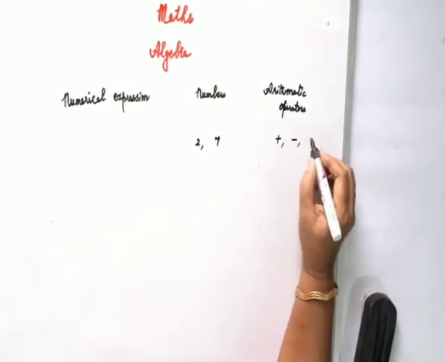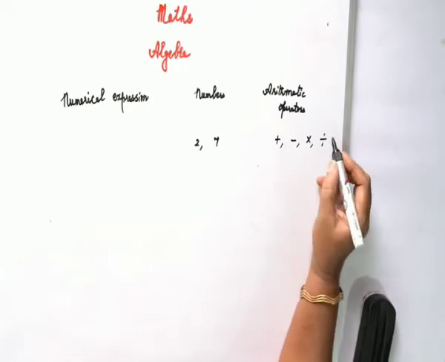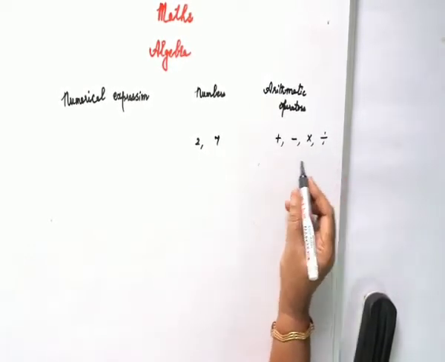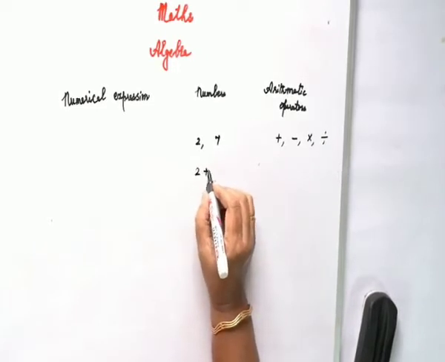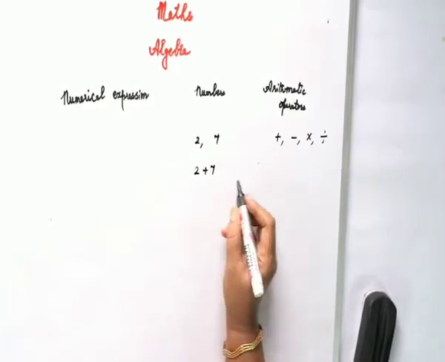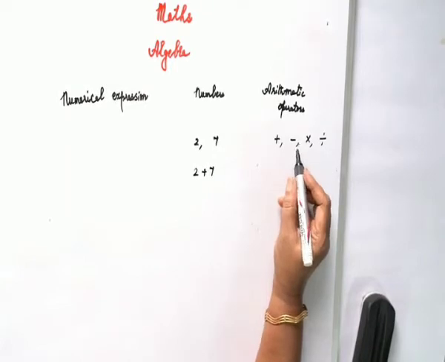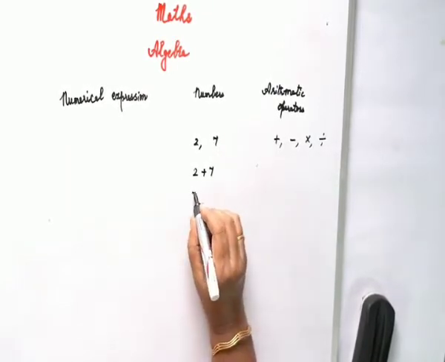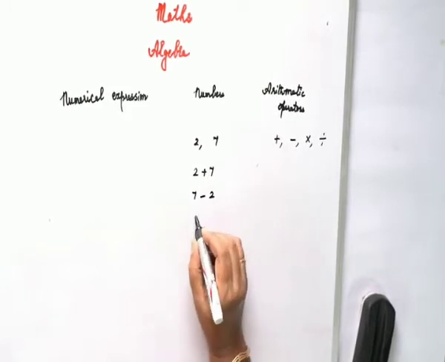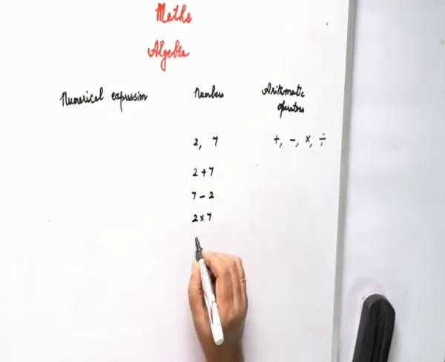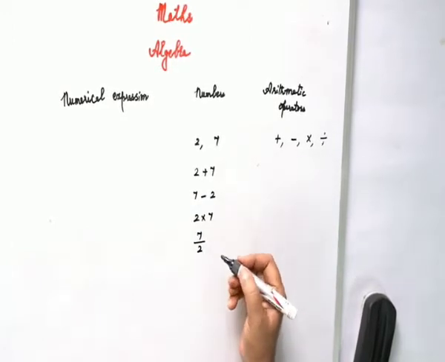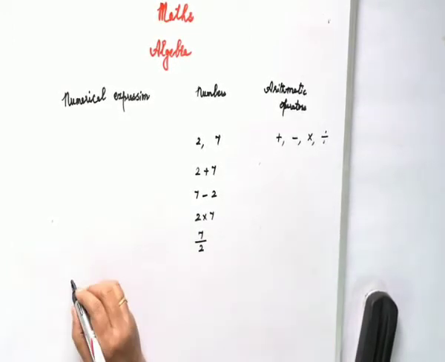Plus, minus, into, divide. Now we are going to combine these two numbers using the 4 signs. So 2 plus 7. When you are using minus sign, we have to use greater number first. So 7 minus 2. 2 into 7. 7 divided by 2. So these are the examples of numerical expression.